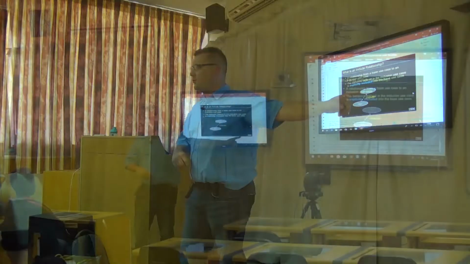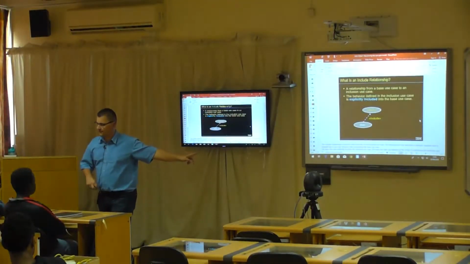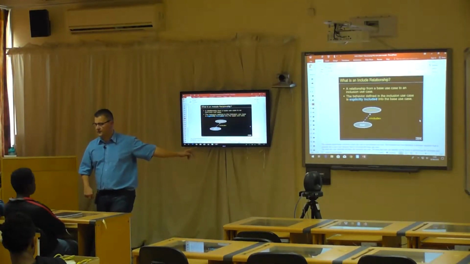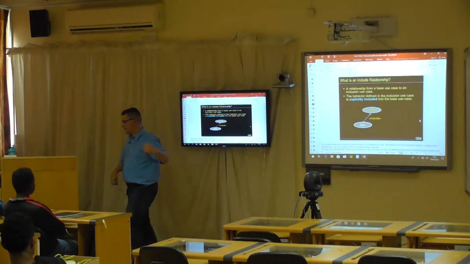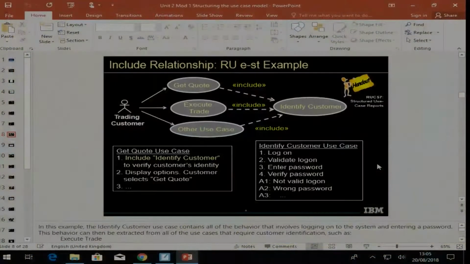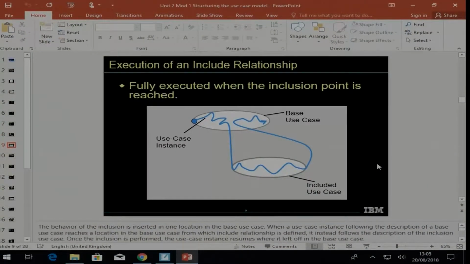Does this one allow you to make options in the base use case? No. It is going to do it. Doesn't matter what happens, it is going to do it. There's an example where they say to us, when we start through this base use case, at one point it just jumps to the other use case and then it goes back to the base use case.